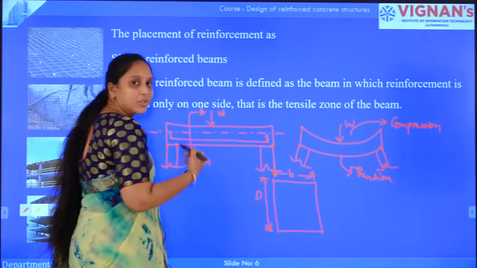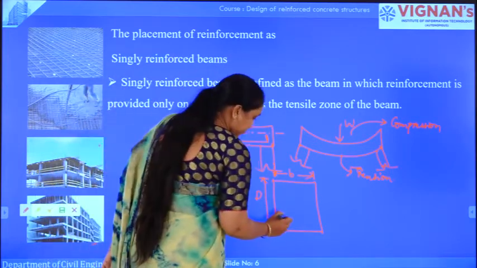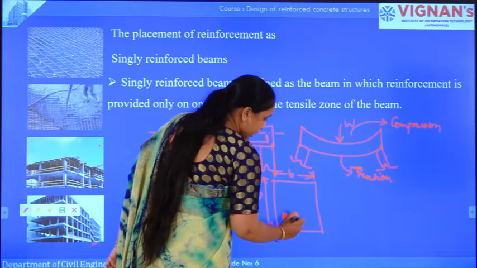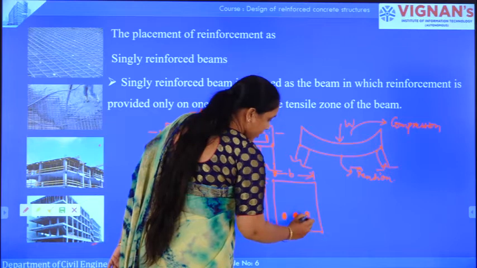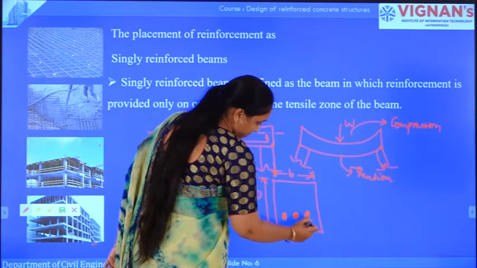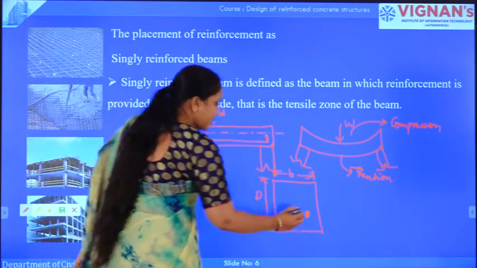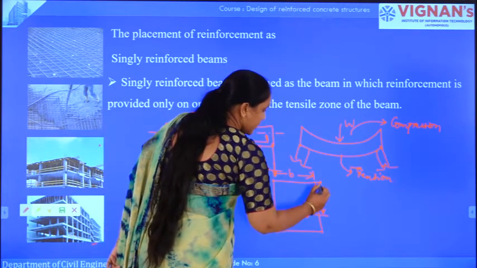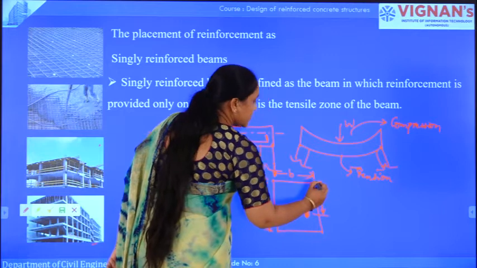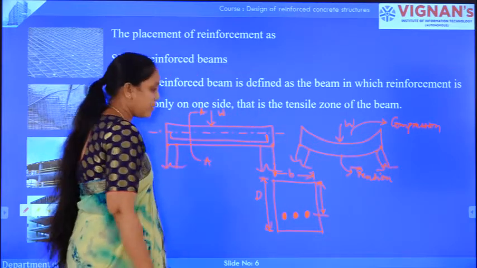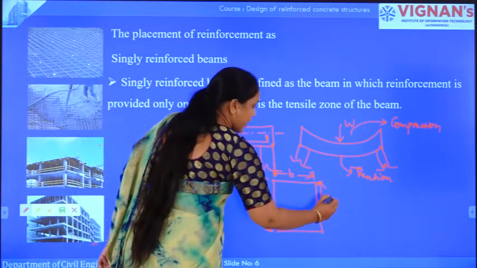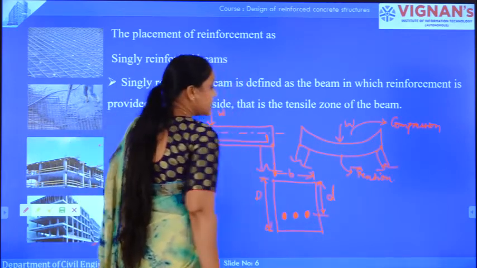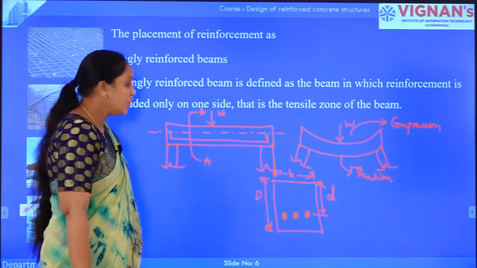Suppose 3 bars are provided here. So, I am going to draw 3 bars, and this particular depth, that is the distance from the topmost compression fiber to the center of the reinforcement, is called d. Here d is nothing but the effective depth.